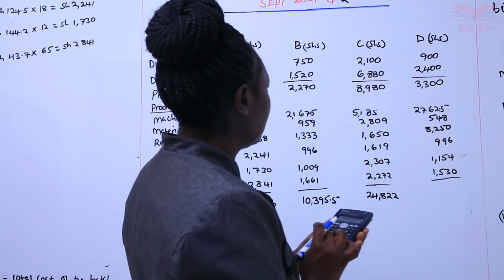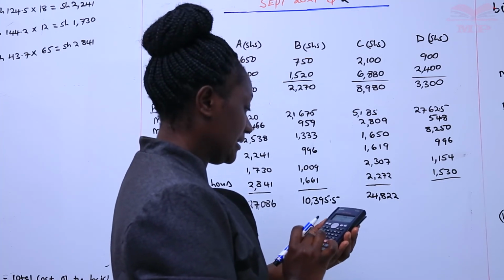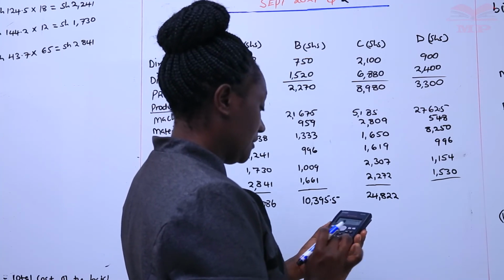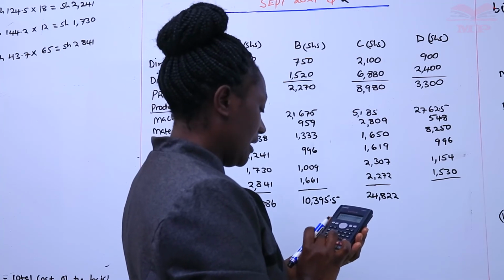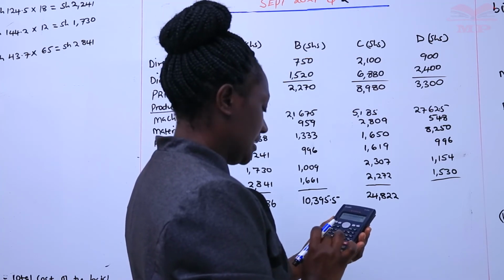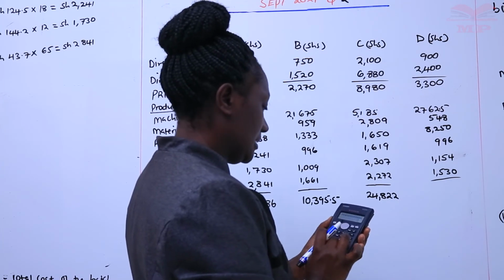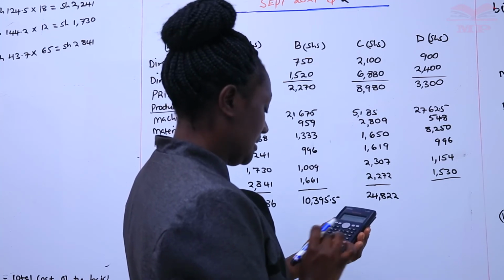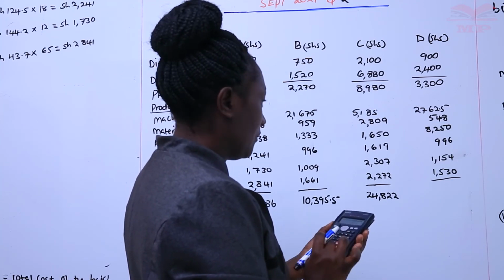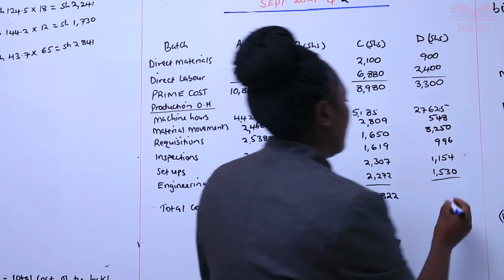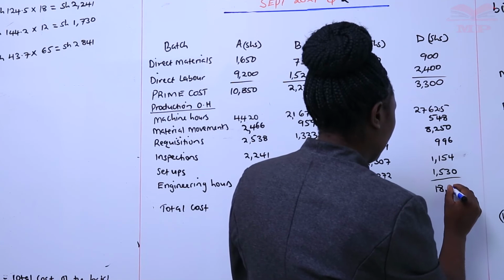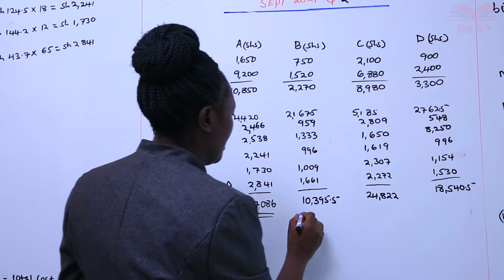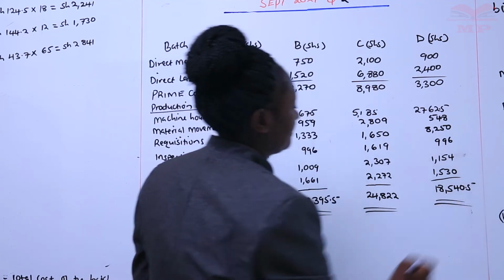Then the last one is batch D, which is 3,300 plus 2,762.5 plus 548 plus 8250 plus 996 plus 1154 plus 1530, and this gives us 18,540.5. So this is our total cost.